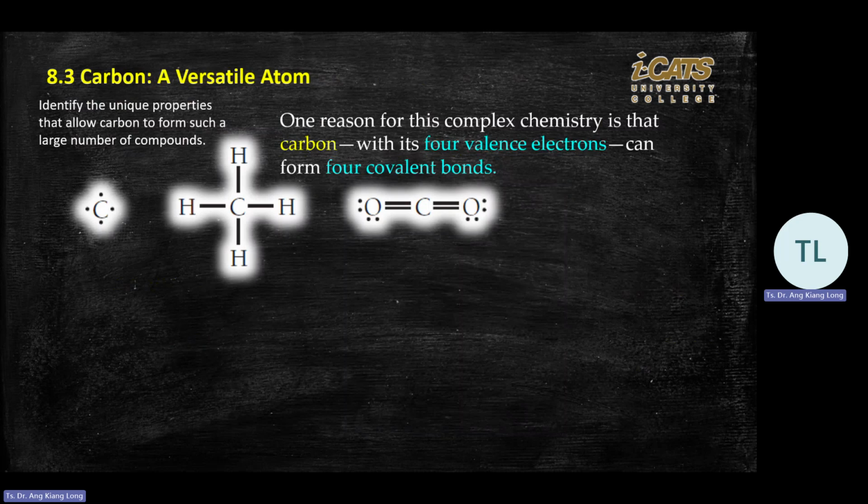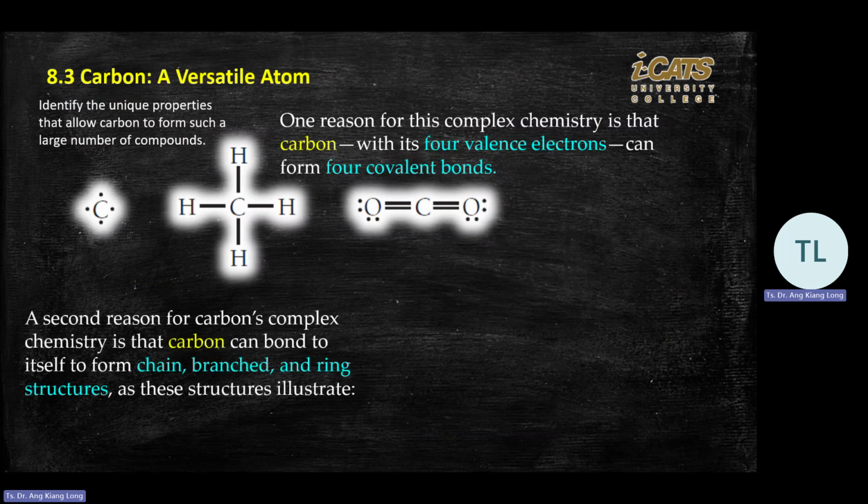Okay. Now, as you already learned in your fundamental chemistry in your SPM, you learn about CH, which is hydrocarbon. So carbon with 4 valence electrons can form 4 covalent bonds. This one you learned in your chapter 1, right?